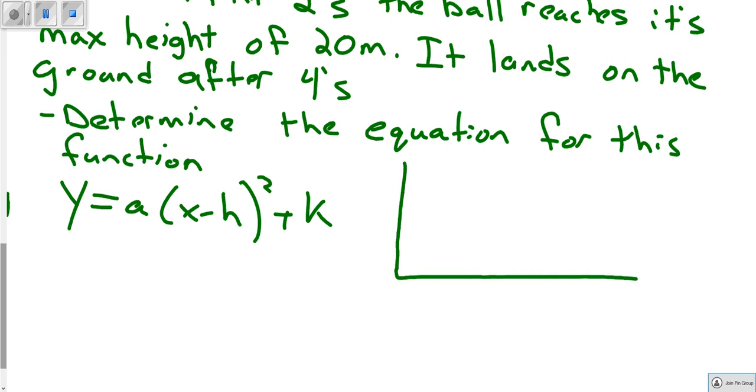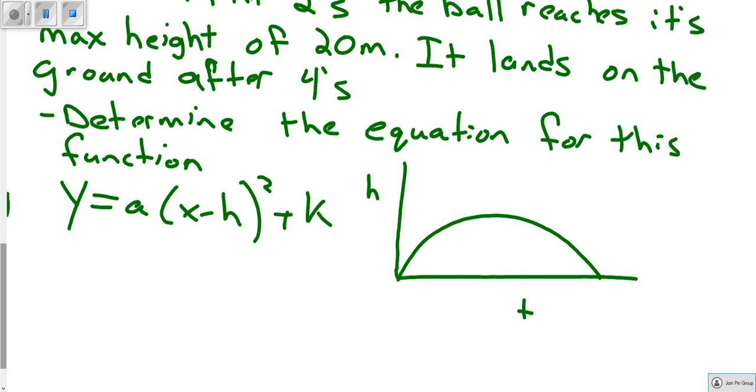Like I said, I'm rusty. Okay? So with this one, we kick the soccer ball from the ground, it comes up, and then it lands back on the ground. It's tough stuff. So, height here, time on the bottom. It almost looks like we're graphing something moving like we did in motion in Science 10.